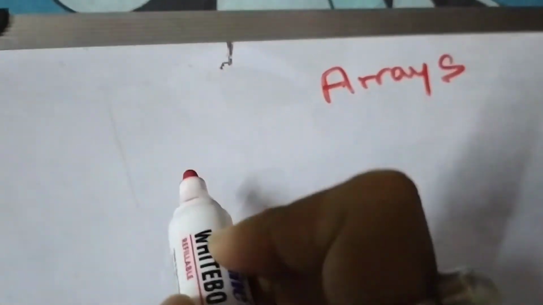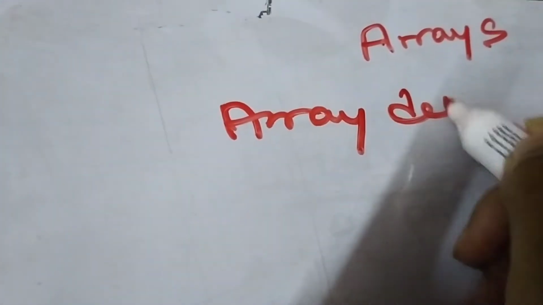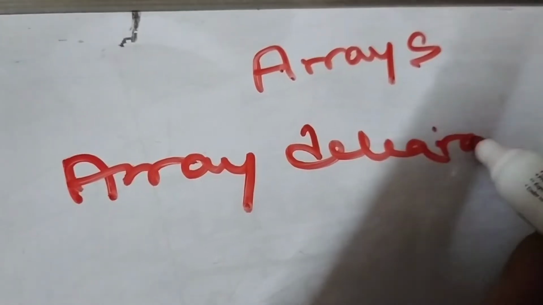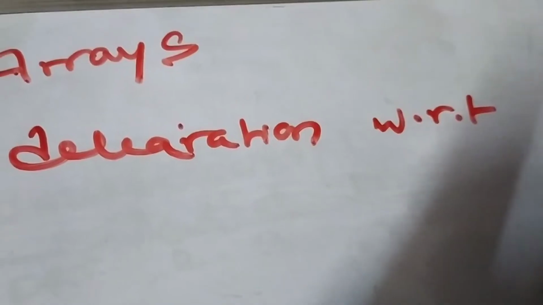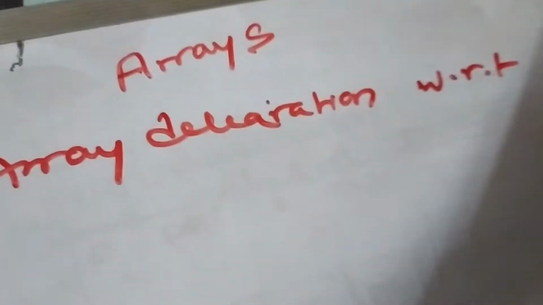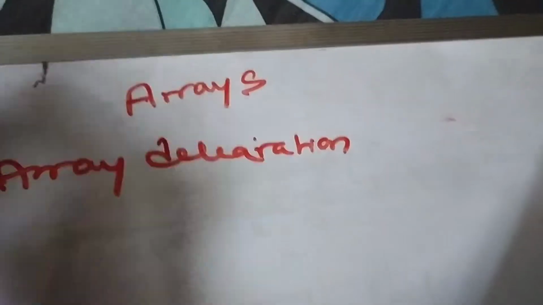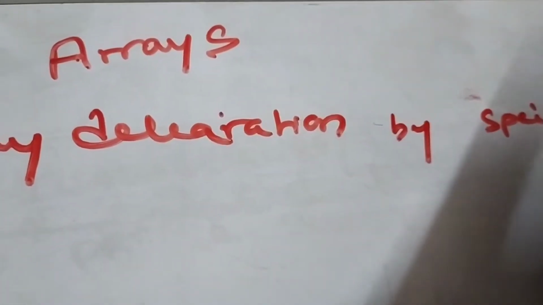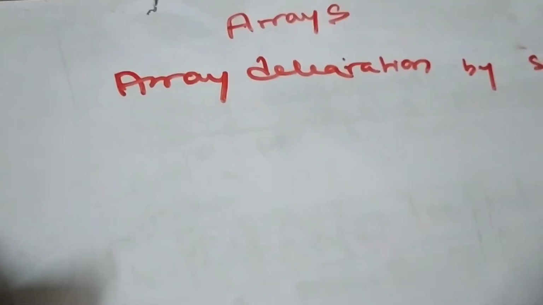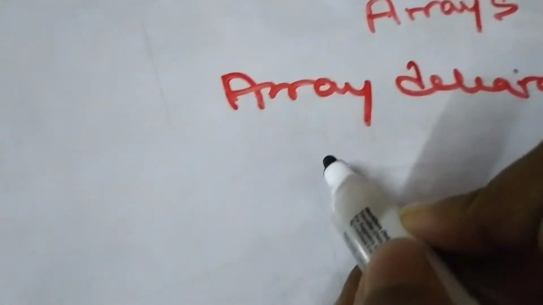Now, while writing the program, there are certain procedures which I will explain. The next topic is array declaration by specifying size. How can we declare an array by specifying size?